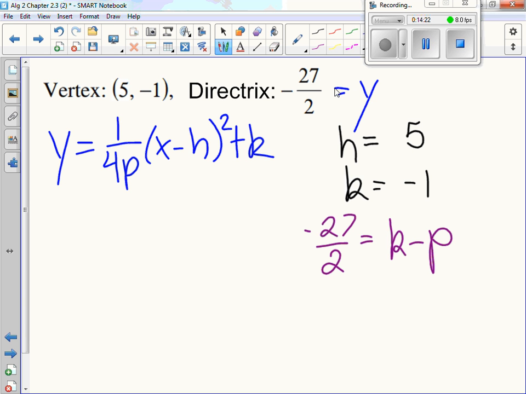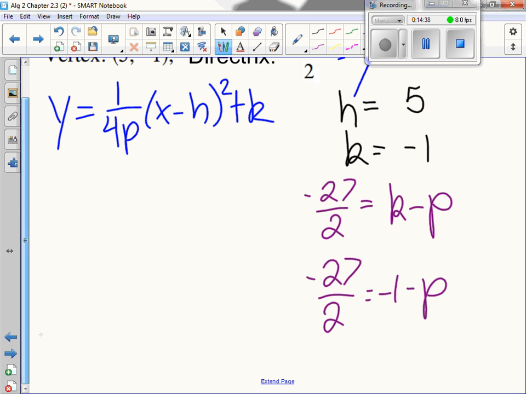So this one here is a little bit different. Well, our k value is negative 1, so negative 27 over 2 is equal to negative 1 minus p.